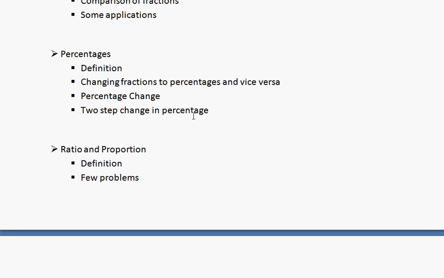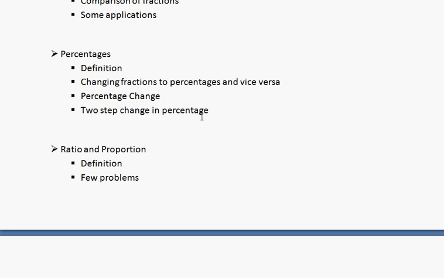In ratio and proportion, we'll do definitions and then a few problems. We won't be doing the very high-fi vocabulary which is often not used in such competitions. So we'll cut that vocabulary and we'll go directly to applications as far as possible, so that we are able to do questions in our exam.